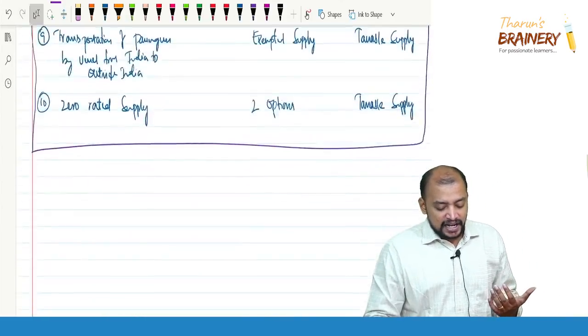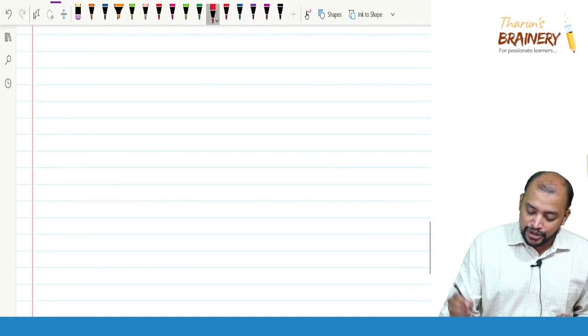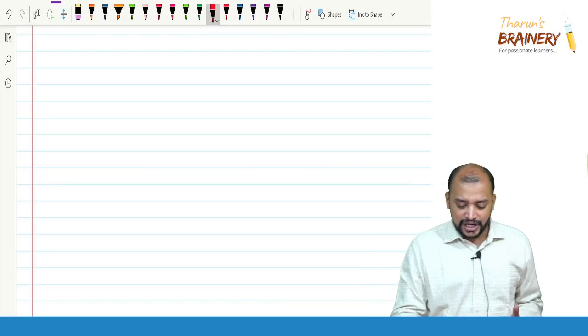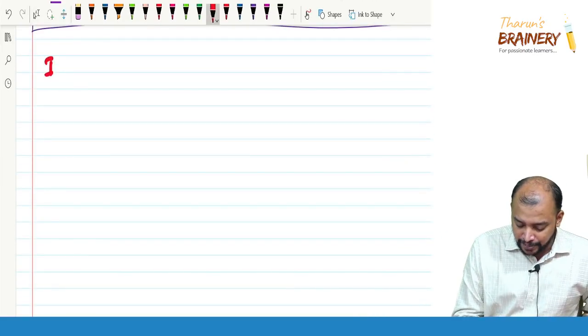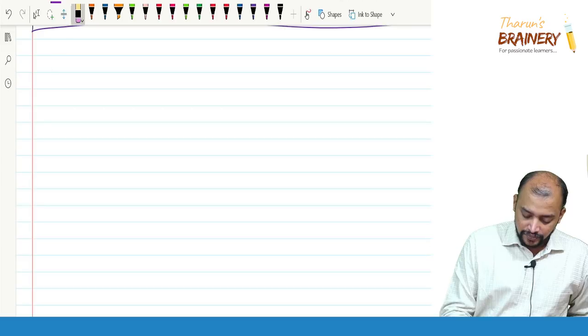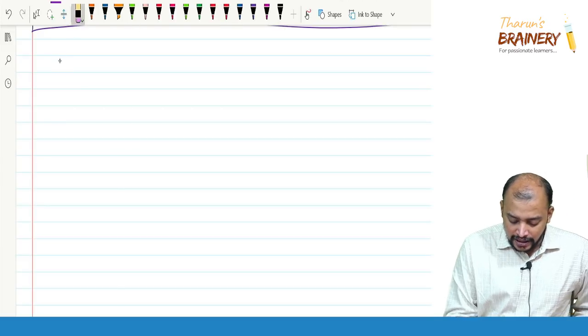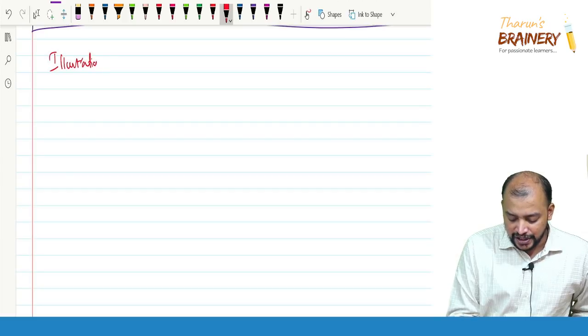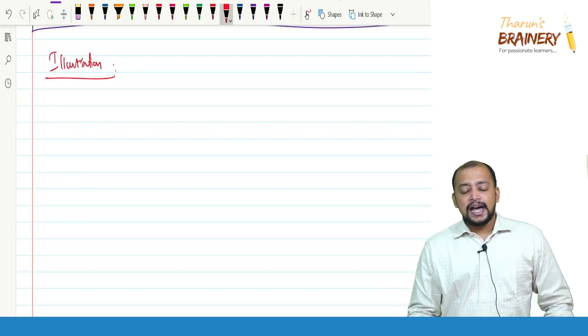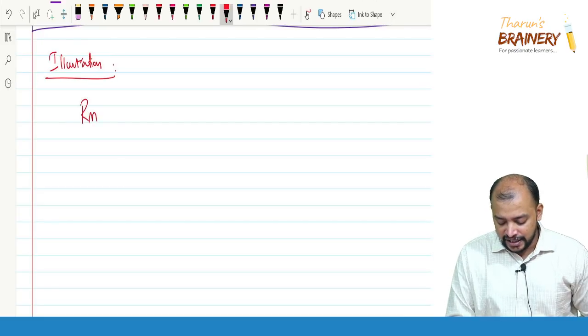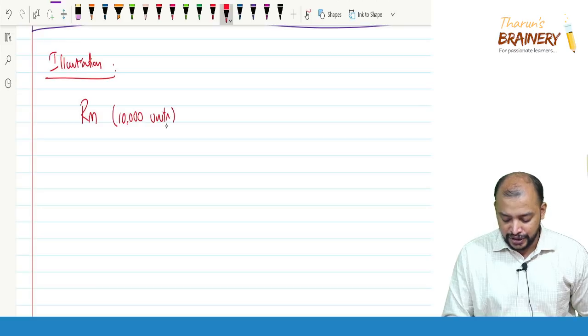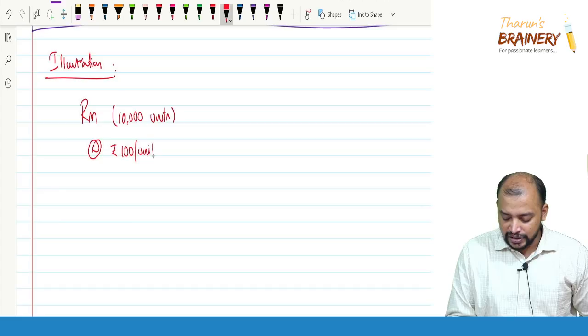Generally, when we take proportionate credit, what is the logic in which we take the credit? For example, let me give you an illustration to understand this. Say I am purchasing raw material of 10,000 units at the rate of rupees 100 per unit, excluding GST at 12%.